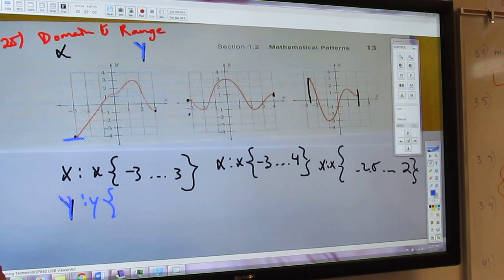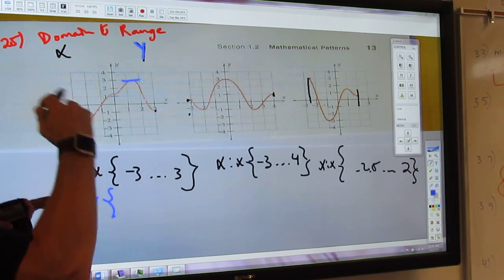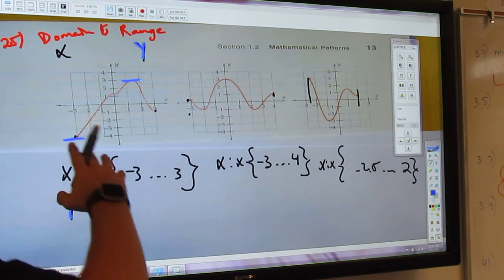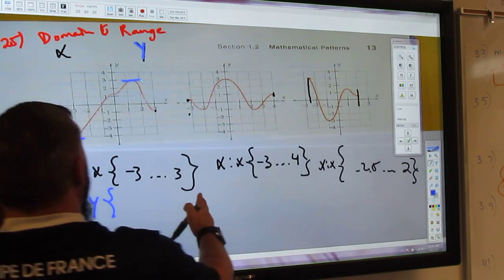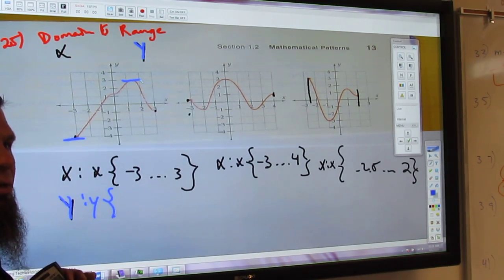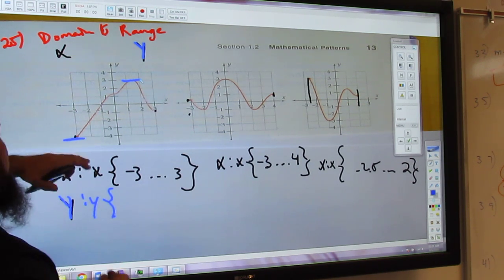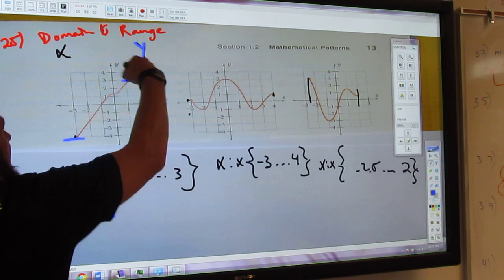Right here, yeah? Where's the highest point? Right there? See how with the X's, we were talking about the farthest left and farthest right. But with the range, we're talking about the lowest and the highest.